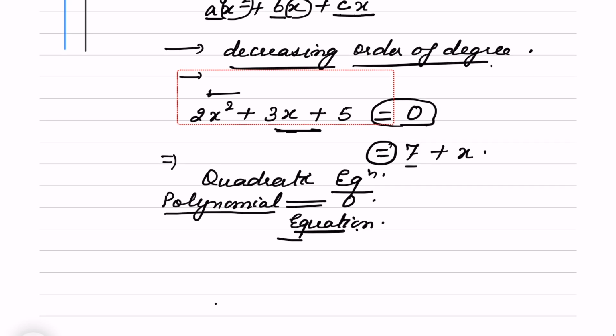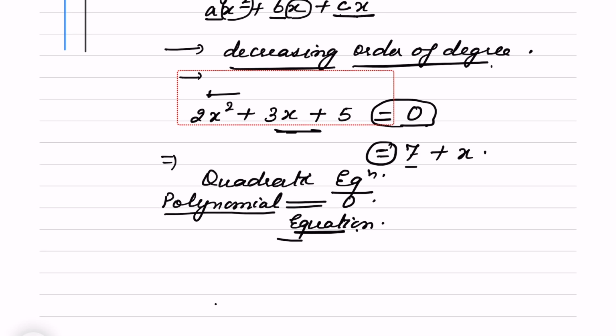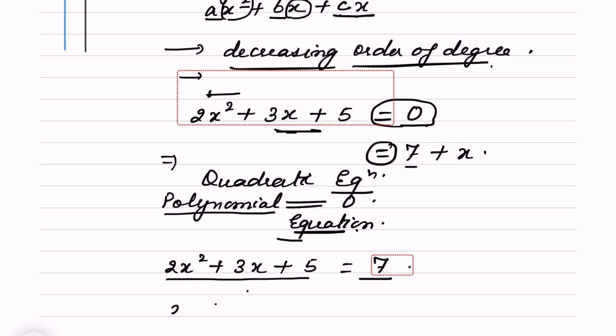Now we see how to identify whether it is a quadratic equation or not. When you see an equation, you don't just say that it is quadratic or not quadratic. Always we simplify.